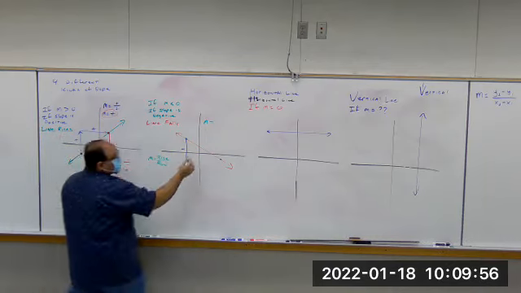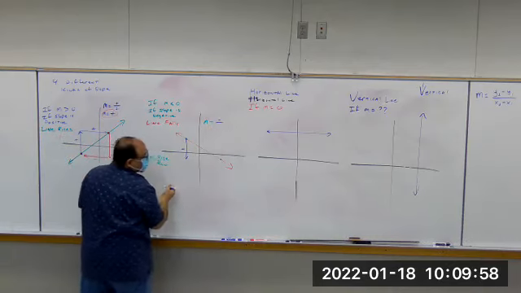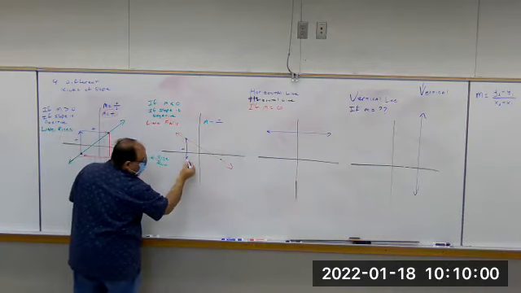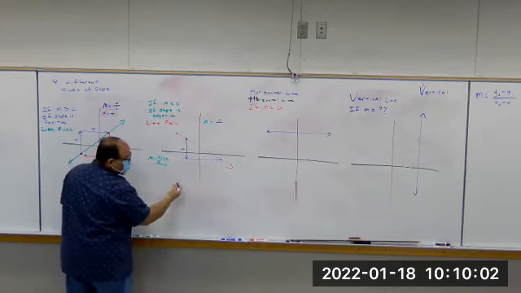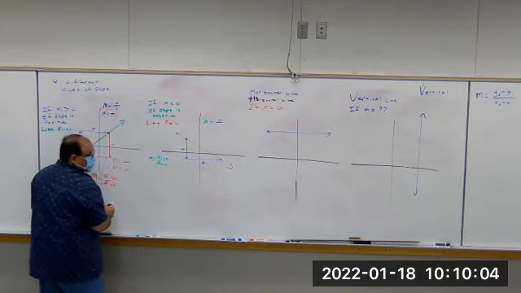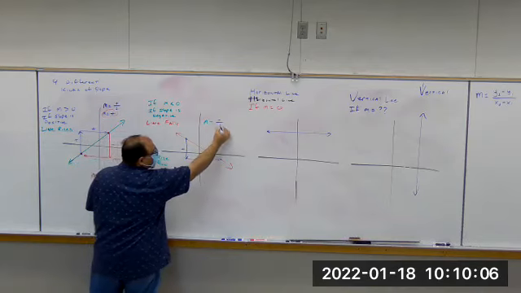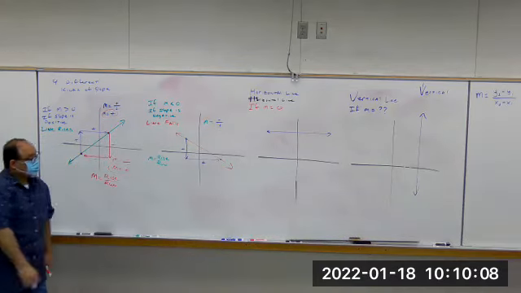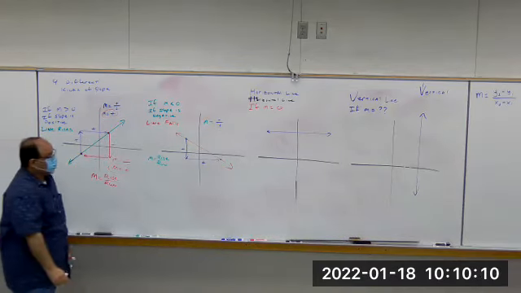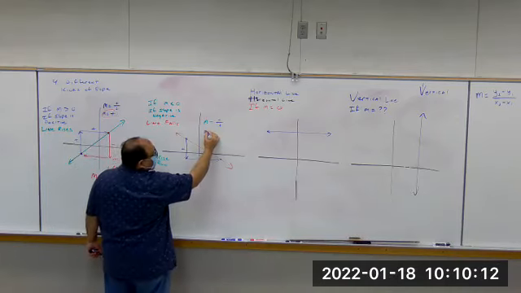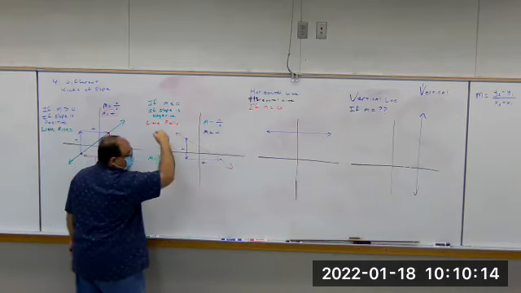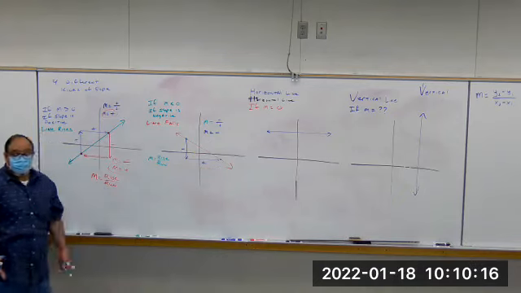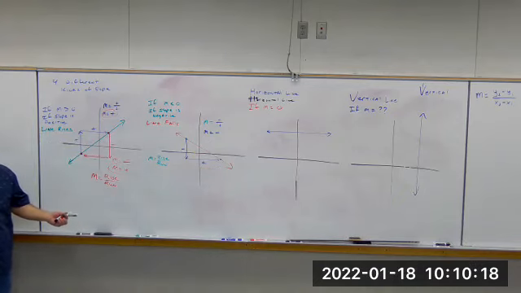So the rise is a negative, and the run is to the right, and the run is a positive. So a negative over a positive, that's why we get a negative slope when it looks like this every time, no matter what. I don't even have any numbers there, and it's going to be a negative slope because of directions.